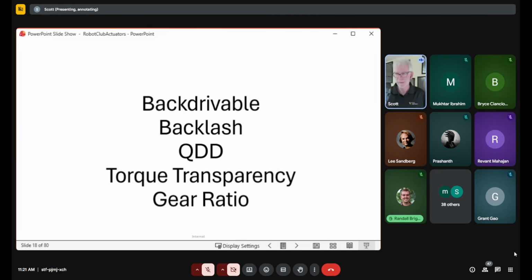So like all things, it's optimization, and you're going to have to compromise in one place or another. If you lose torque transparency, it's not the end of the world. It just means you have to put another torque cell on the output to measure what's going on and then see the differences between the two. So you can do it, but the preference right now is to get as close to QDD for control.